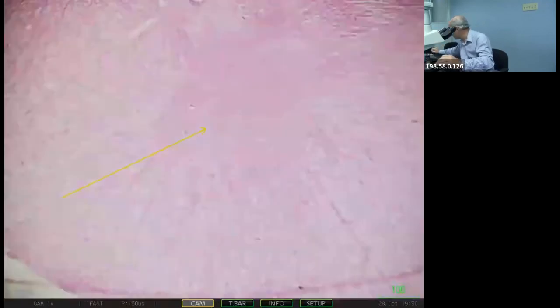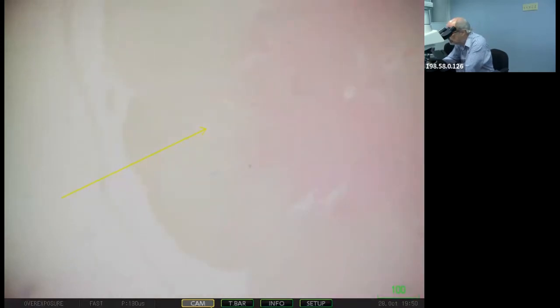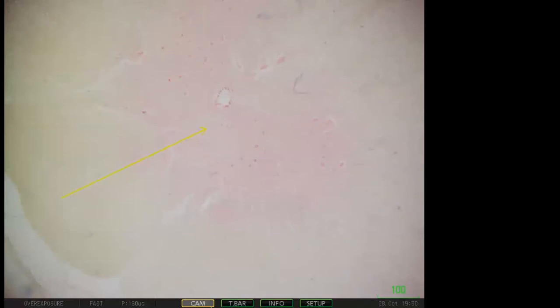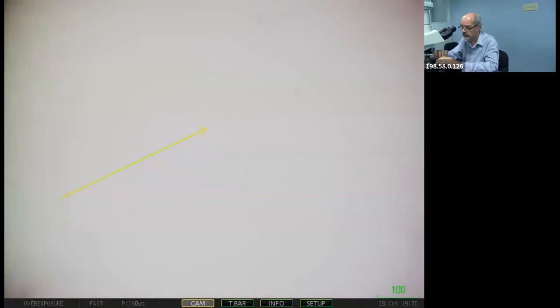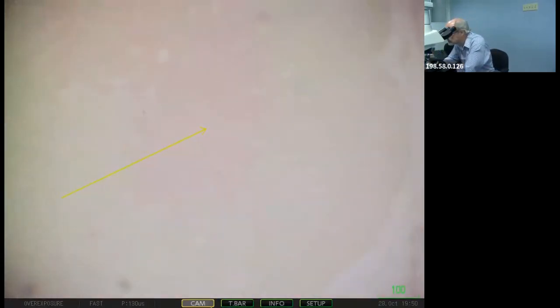So spinal cord, and this one is the spinal cord also, but a bit pale.